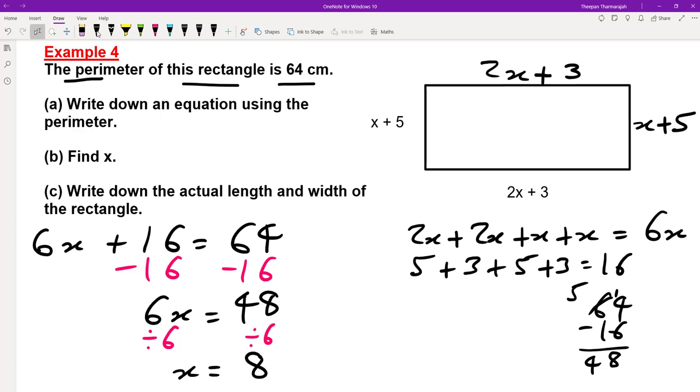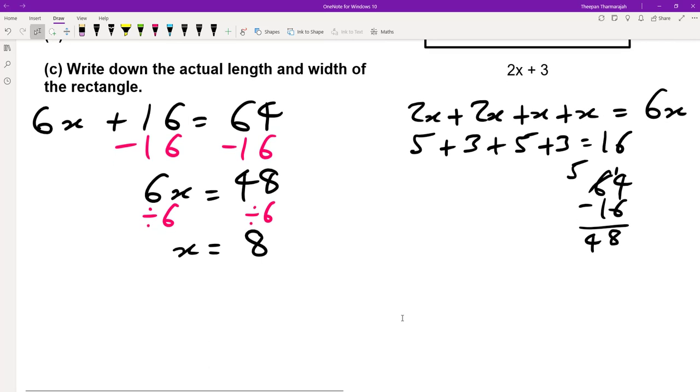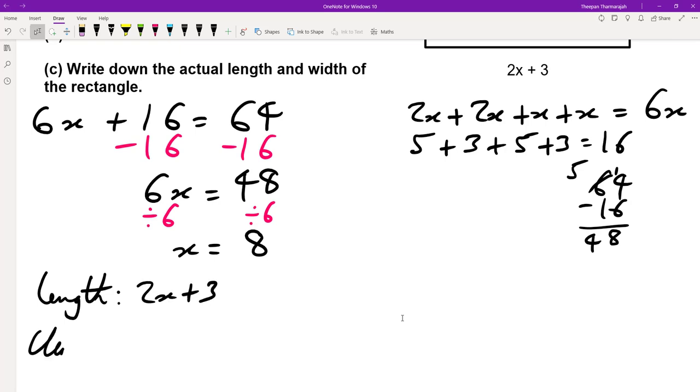So now that we've solved for x being 8, now what we can do is find the actual length and width of the rectangle. So the length is 2x plus 3 and the width is x plus 5. So let's write that down. So the length is 2x plus 3 and the width is x plus 5.